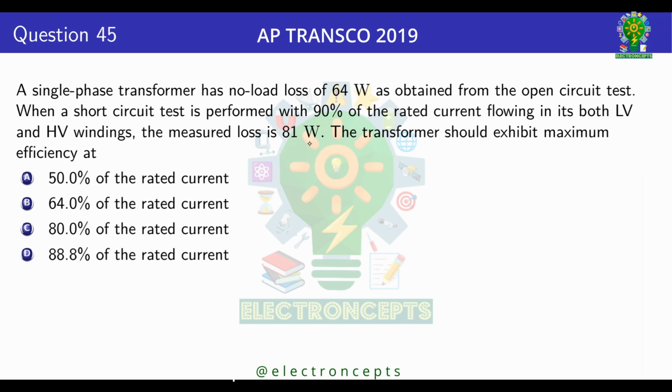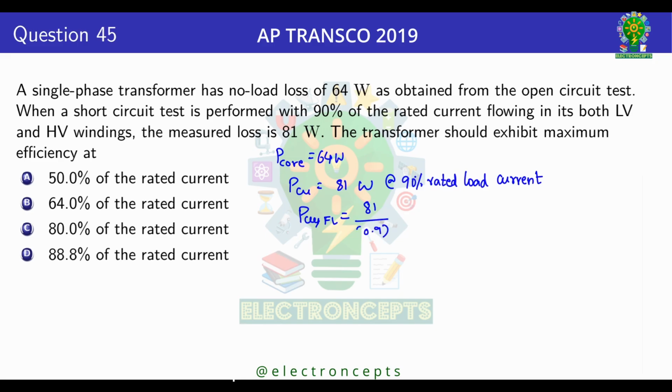As discussed in the previous question, from the open circuit test we get the core losses. The core losses given in the question are 64 watts, and the copper losses mentioned in the question are 81 watts at 90% of rated load current. Copper losses at full load are equal to 81 watts divided by 0.9 whole square, which is equal to 100 watts.